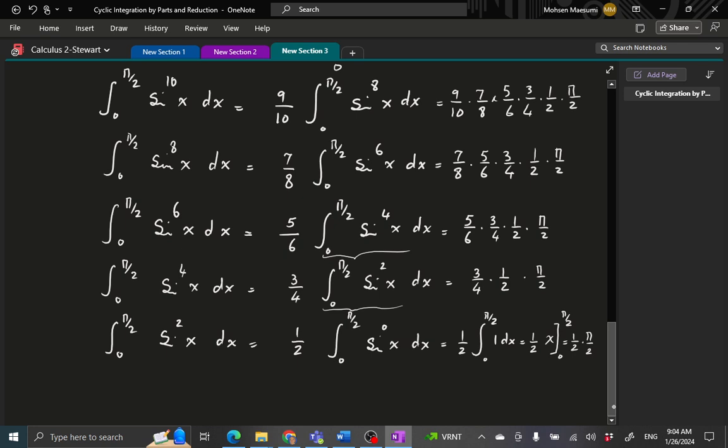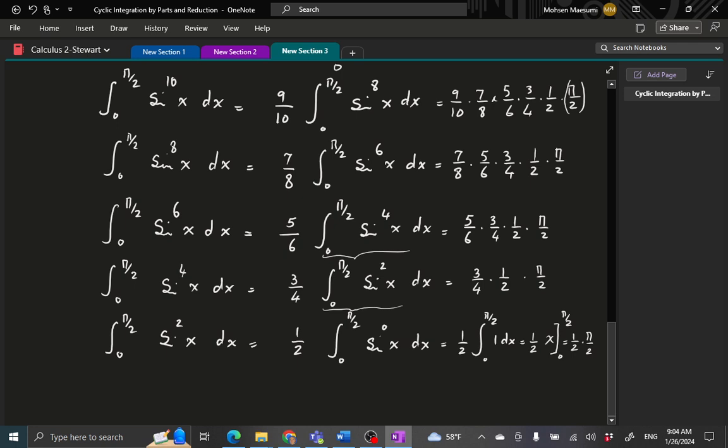Of course, standard pattern here. You see 9, 7, 5, 3, 1 in the numerator, and denominator 10, 8, 6, 4, 2, and at the end there is a pi over 2 hanging next to all of these things. So that gives us an idea that if I have a power here, we practice for an even power.